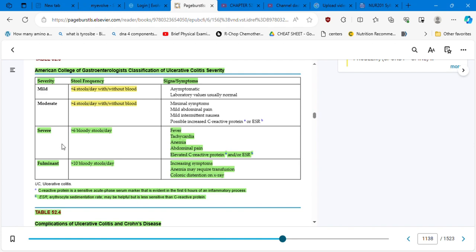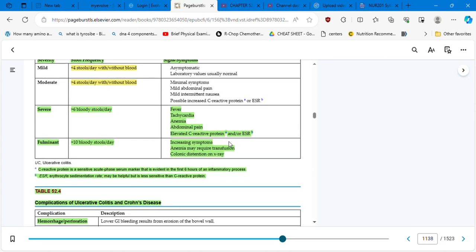However, when the UC is severe, you have 6 or more bloody stools per day with fever, tachycardia, anemia, abdominal pain, elevated C-reactive protein, and/or ESR. Fever, tachycardia, anemia, because there are a lot of complications, right?